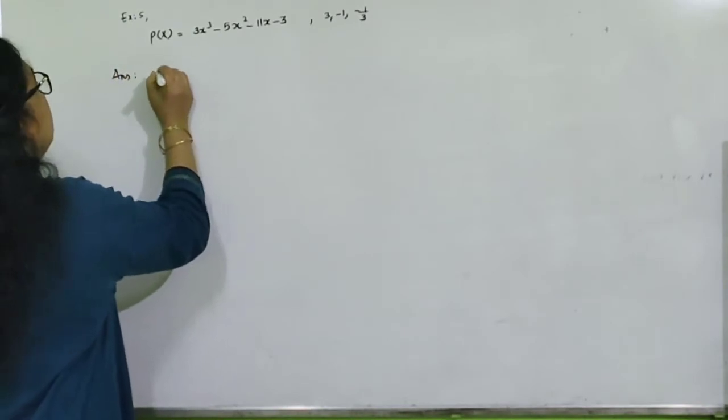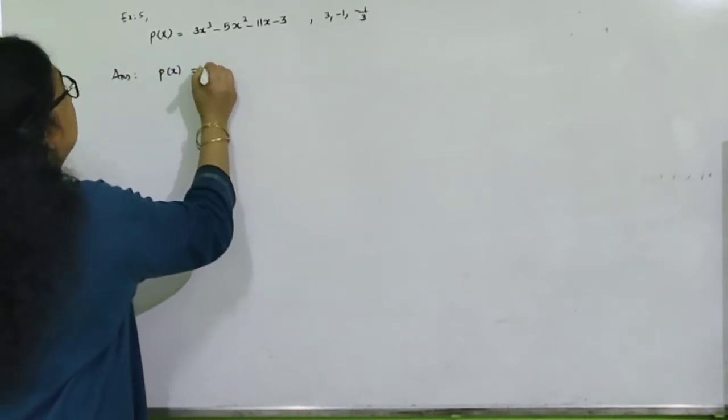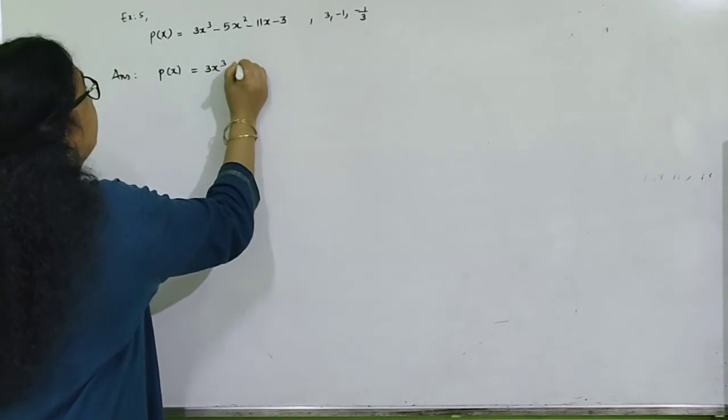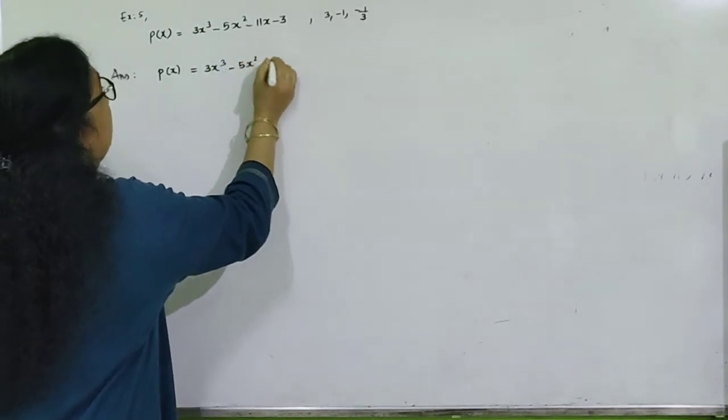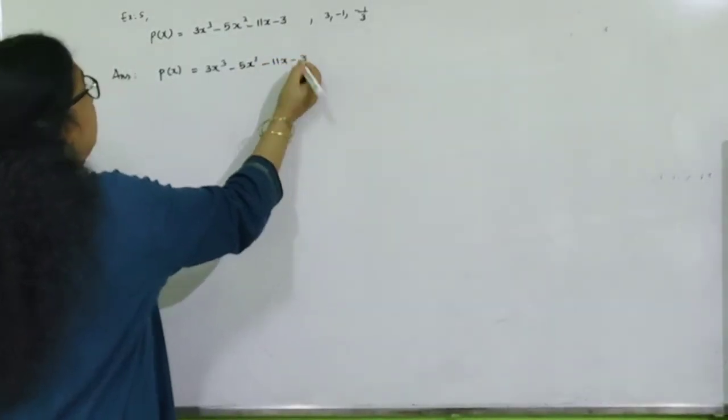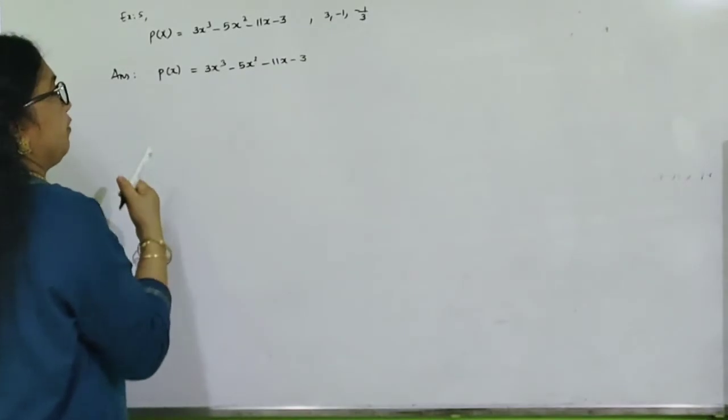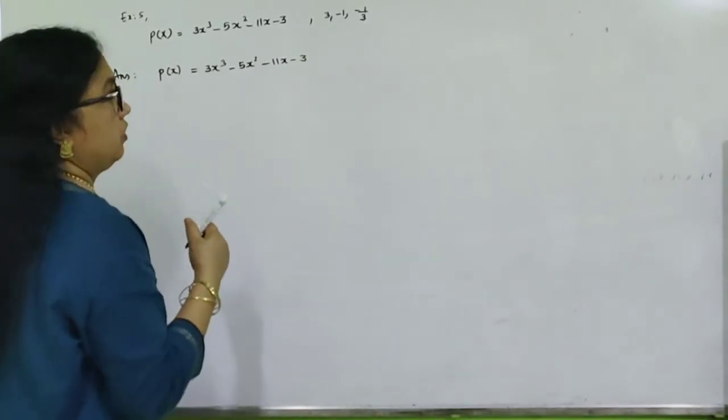So p of x equals 3x cube minus 5x square minus 11x minus 3. First we verify 3 as a zero.